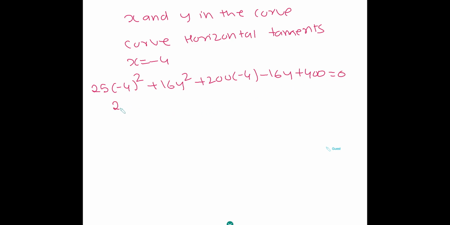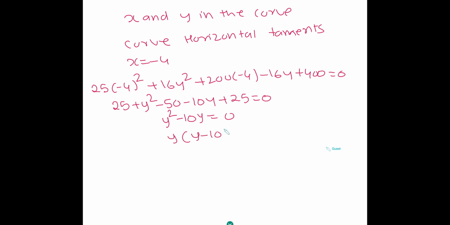So y squared minus 10y equals 0. y times (y minus 10) equals 0. y equals 0 or y equals 10.